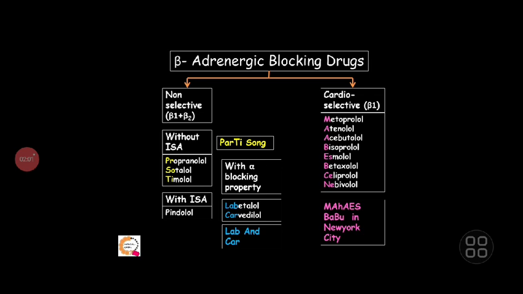So beta blockers with ISA mimic the effect of adrenaline and noradrenaline and can cause an increase in blood pressure and heart rate. But these don't reduce the resting cardiac output and heart rate as effectively as other beta blockers without ISA.